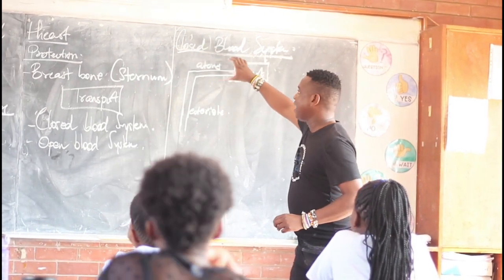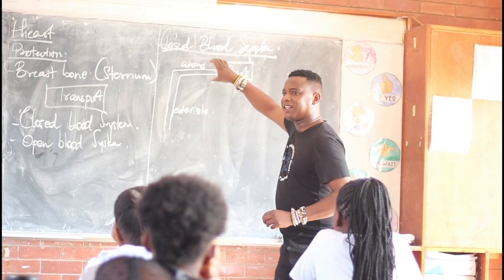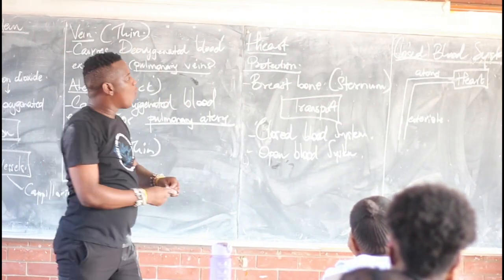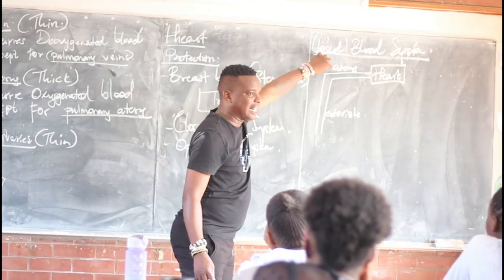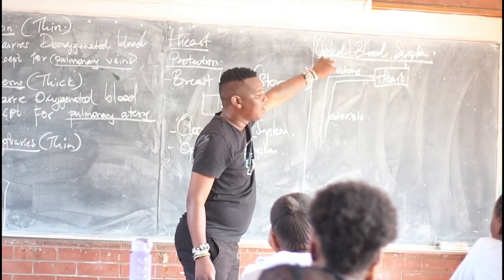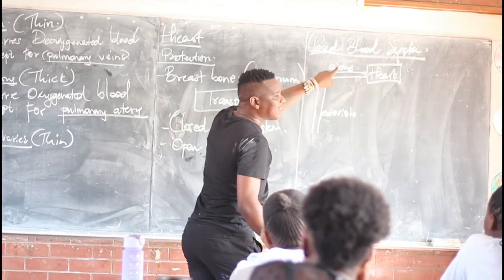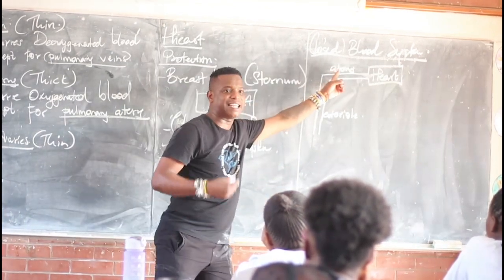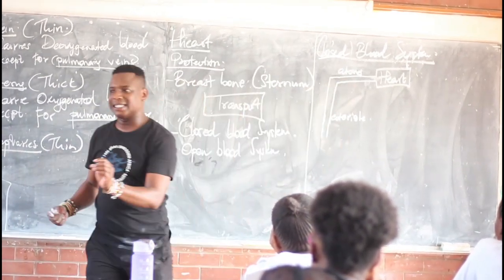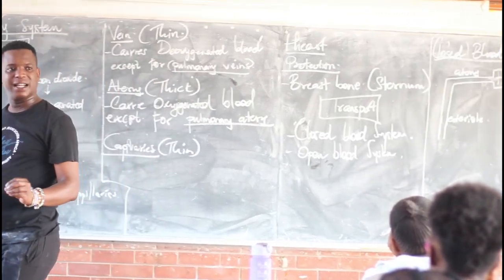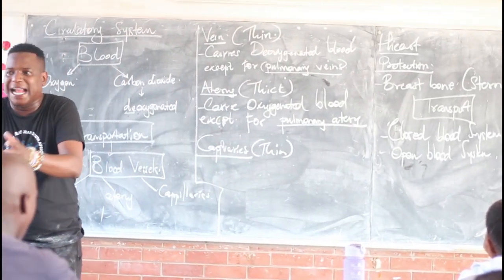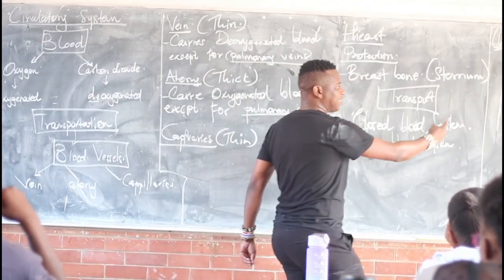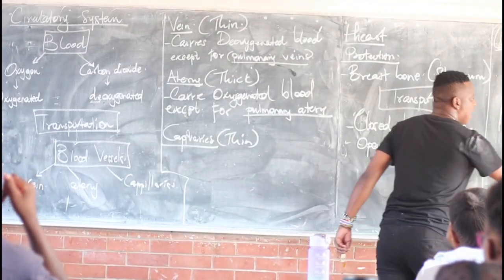It can be the aorta, it can be the pulmonary arteries. When we move away from the heart, the artery changes its name and becomes what? An arteriole. That means the large artery branches into small arteries, which are called arterioles.